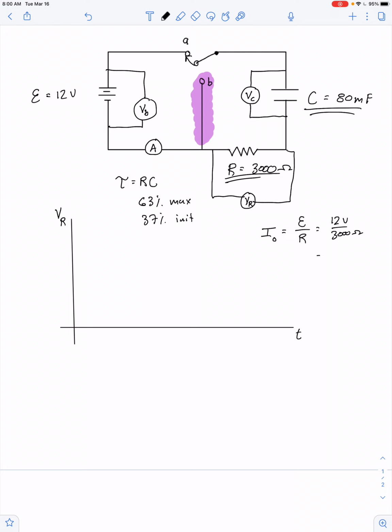If it was just 12 divided by 3, we would call it 4, but we're dividing it by 3,000, so how about we call it 4 milliamps? Okay, as time goes by, that current ultimately is going to drop to 0, right?